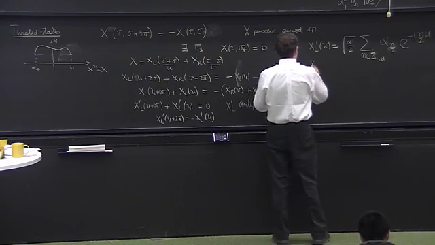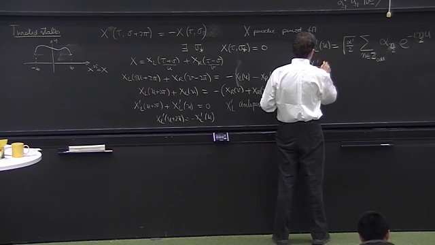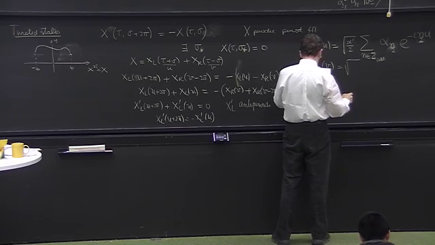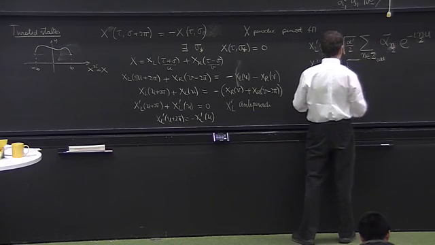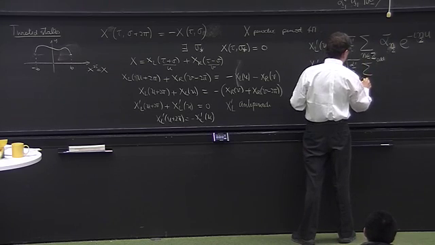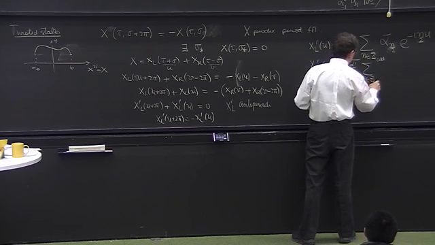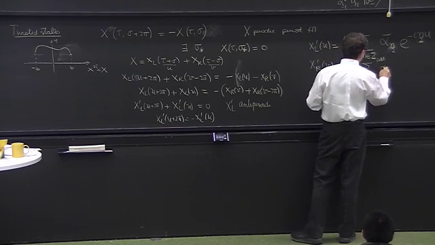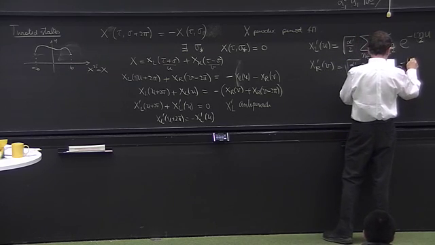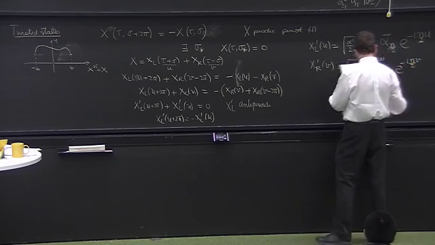So for x prime right of v, we'll do the same thing. Oh, it's left, so bars. Alpha prime over 2, sum over n odd, alpha n over 2, e to the minus i n v over 2.